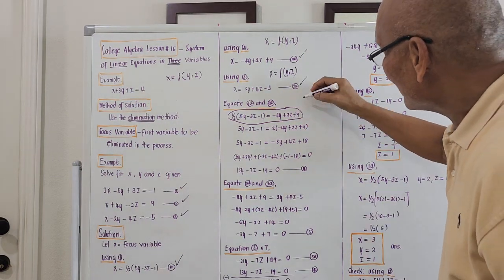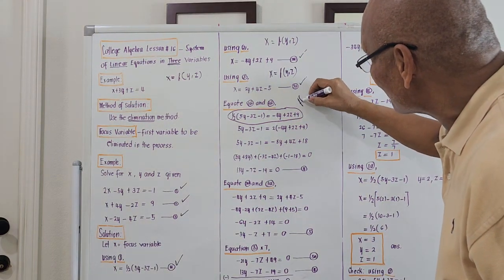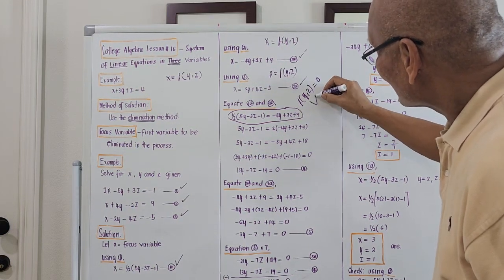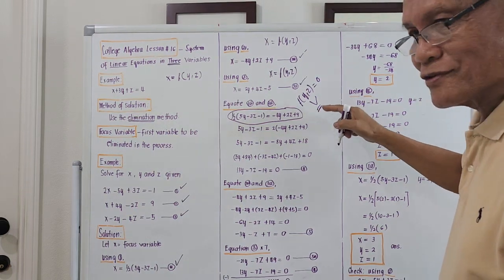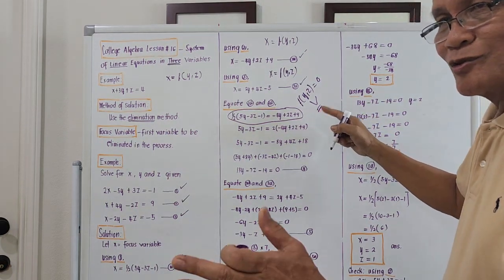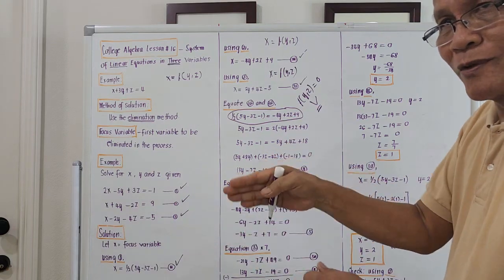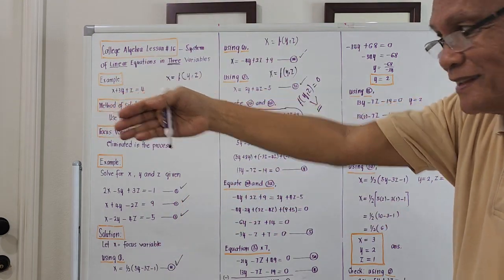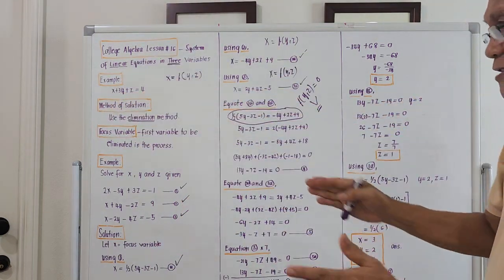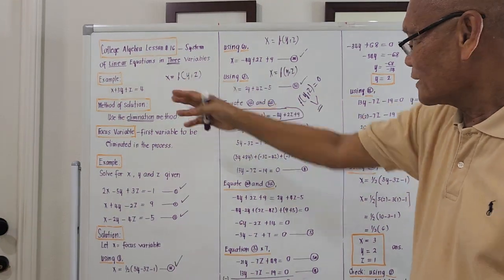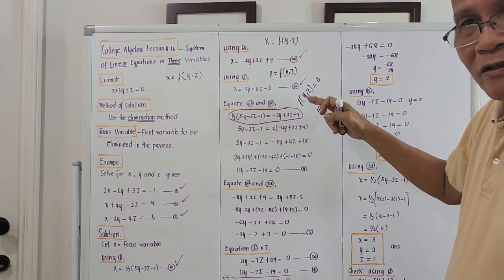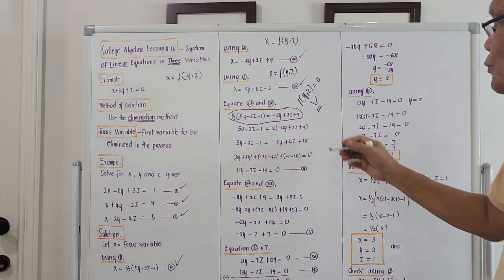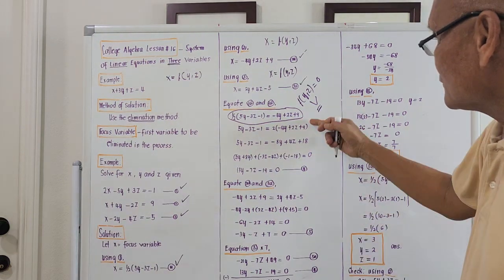So what will come out now will simply be a function of y and z, and they should be equal to 0. It contains only two variables now. To solve a linear equation involving two variables, that was lesson number 14, the past lesson. Meaning to say, we are simplifying so that it will go to the system of linear equations involving only two variables. If we simplify this, this is pure algebra.